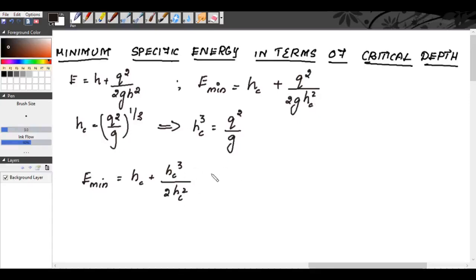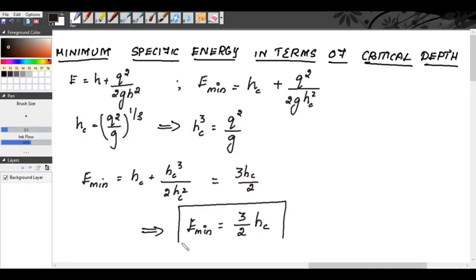You can substitute, you will get this, that will be equal to 3Hc by 2. So, which means the minimum specific energy will be equal to 3 by 2 times of the critical depth.